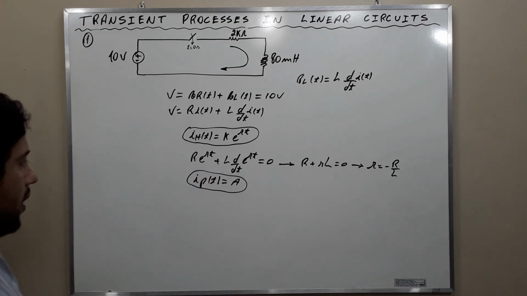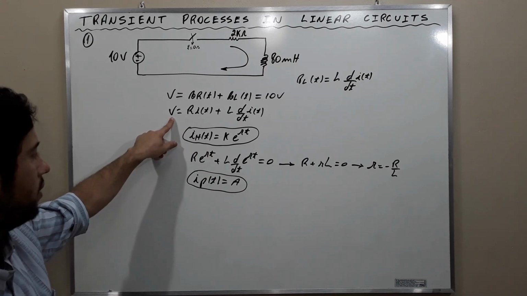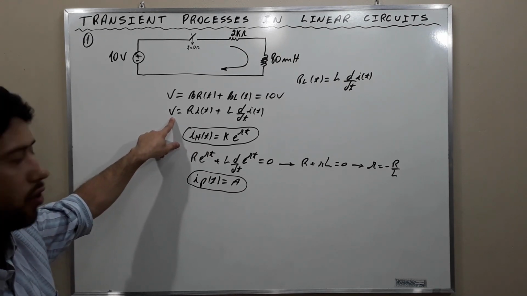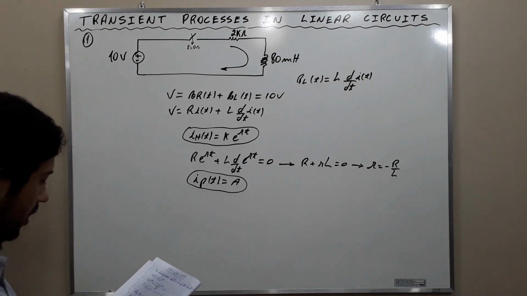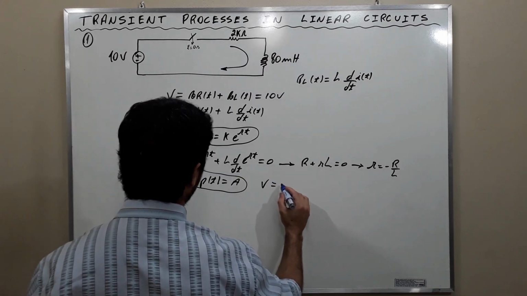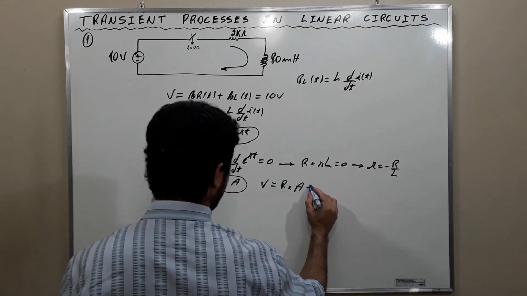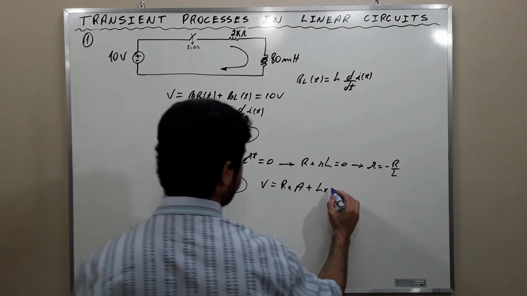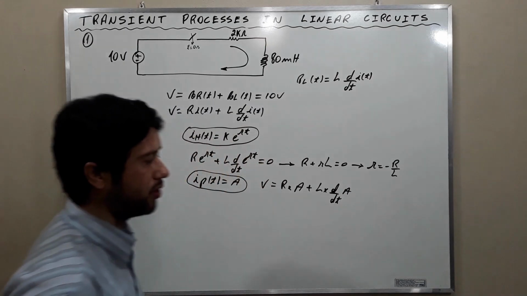And we are going to apply this here, without setting it to 0. It is going to be 10 volts. And we find that V is equal to R times A plus L times the derivative with respect to time of a constant.